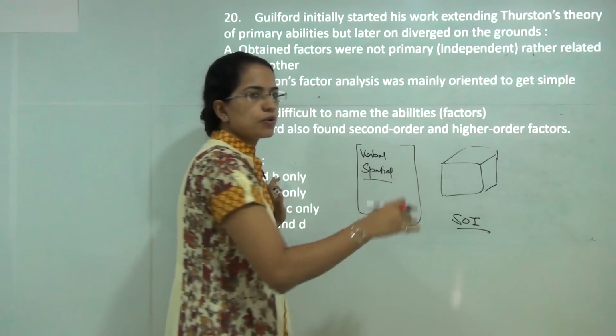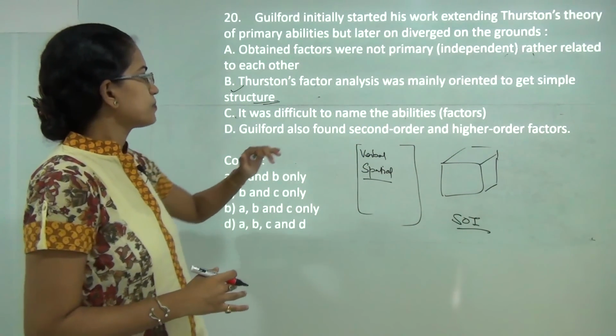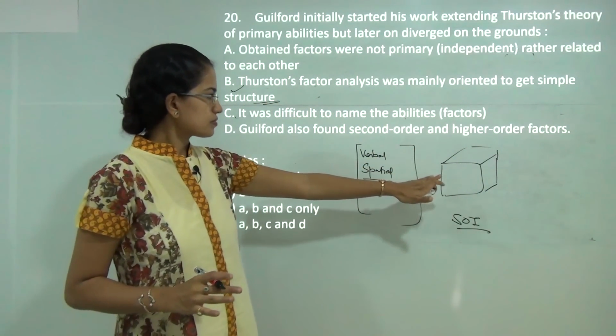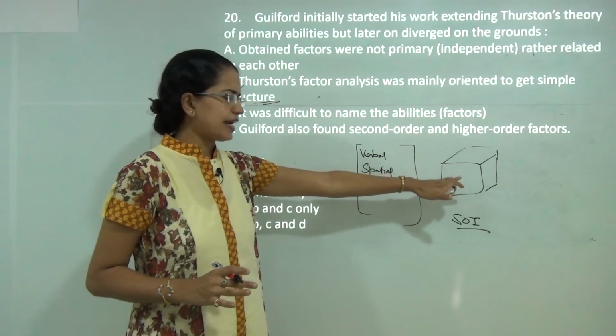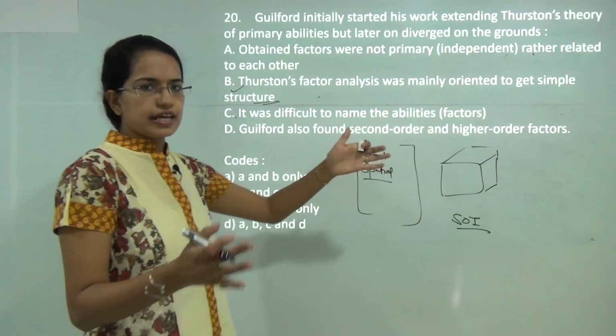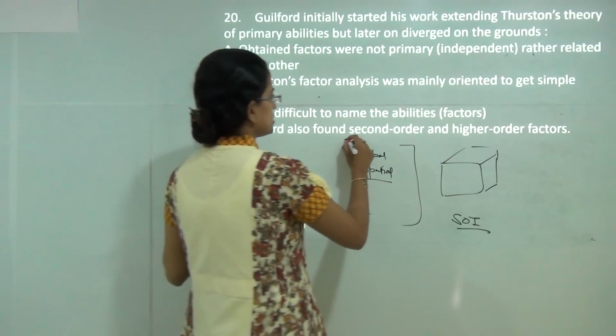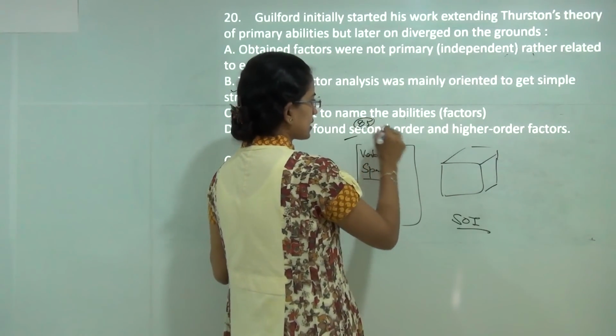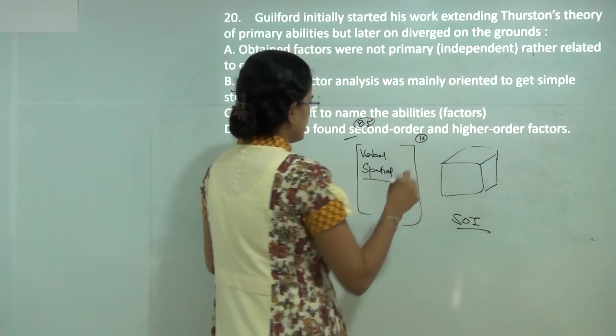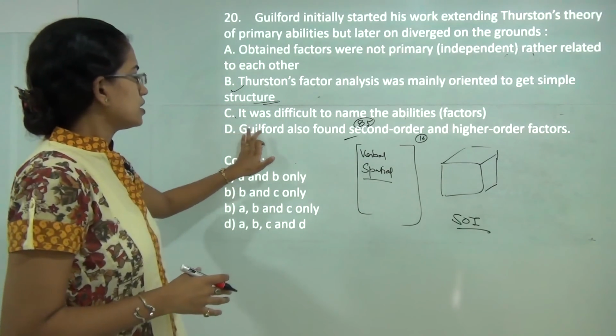He classified products, operations and so on, and gave numerous factors: in all 180 factors, out of which 85 second order factors and 16 third order factors and so on.